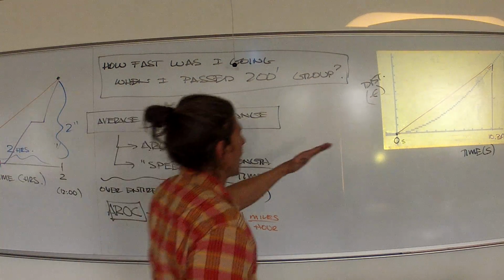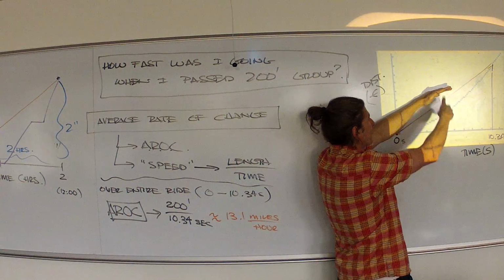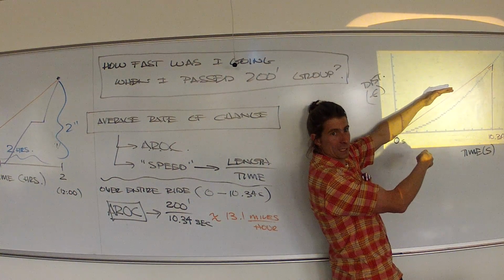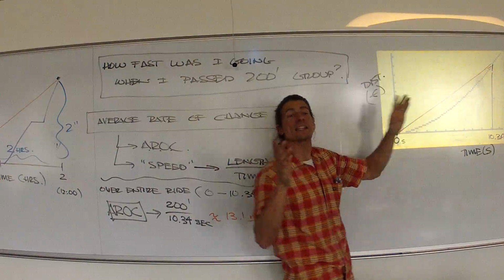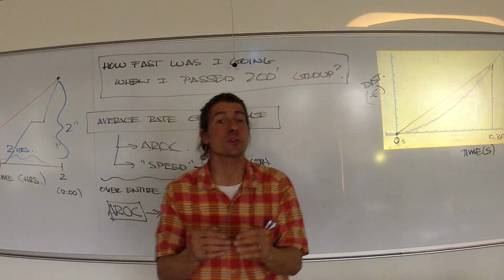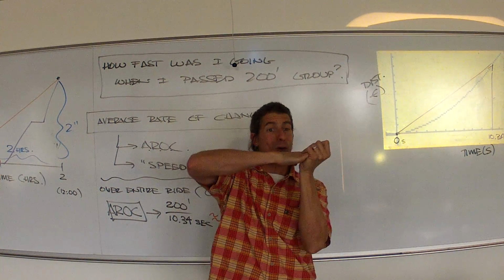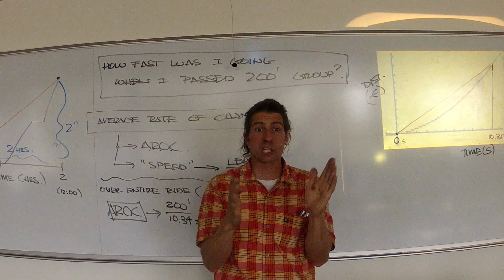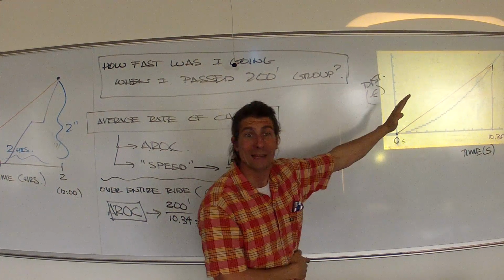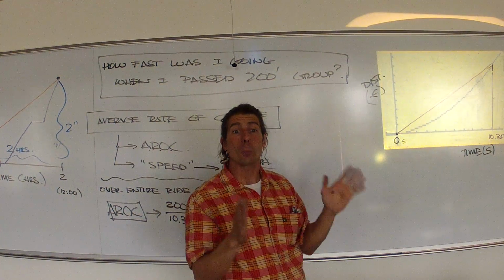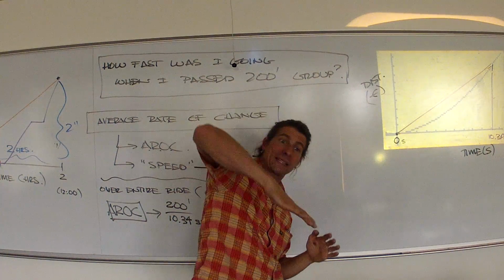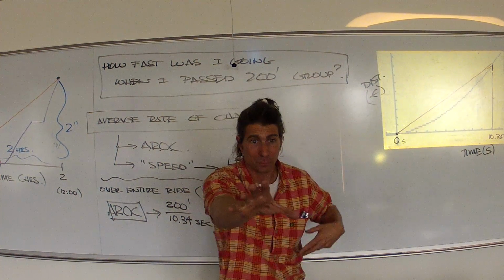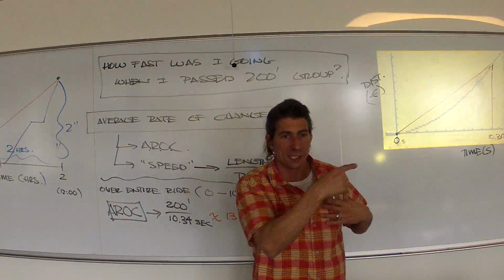So the slope of this line is 20 feet over 1 second. It's consistent. You're confusing a constant slope with a horizontal line. A constant slope just means that it's a straight line, and any slope that's positive or negative is going to be tilted along some kind of diagonal. It'll make sense the more we do this.